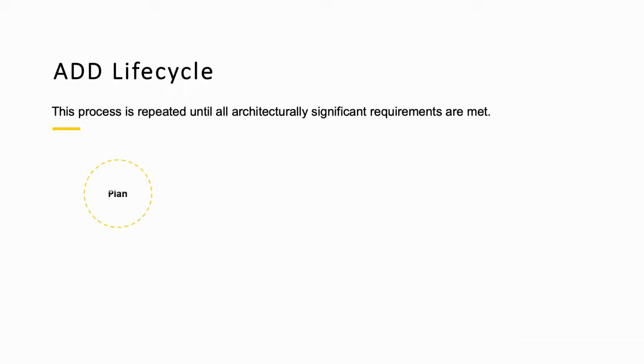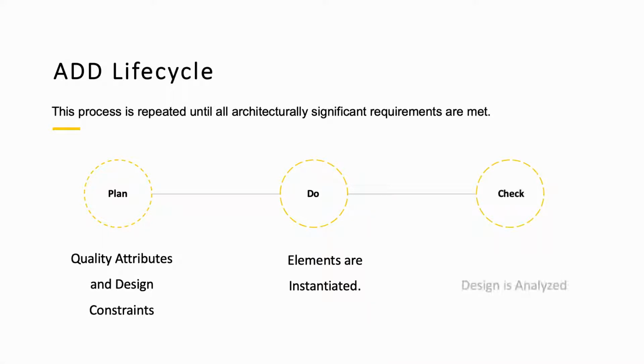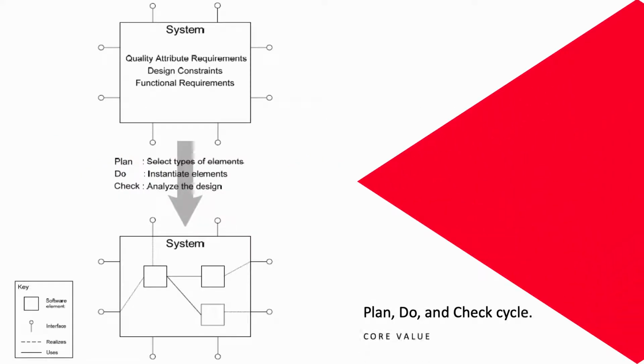And so the life cycle behind ADD is basically that you consider quality attributes and design constraints as you're defining the architecture. We'll go over some examples of each of quality attributes and design constraints. And we do this through plan, do, and check. In ADD, they give you this graph, so I just used that because I didn't have time to recreate it.